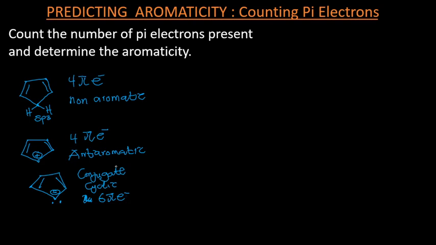And like I said, it is fully conjugated, cyclic, with 6 pi electrons, and this is telling us that this compound right here is what? Aromatic, because it obeys Huckel's rule of what? 4n plus 2 pi electrons.